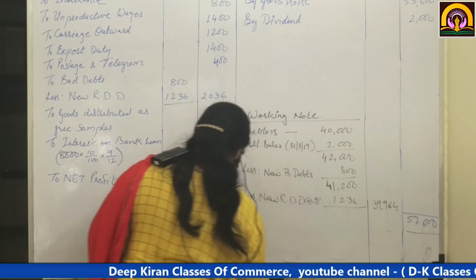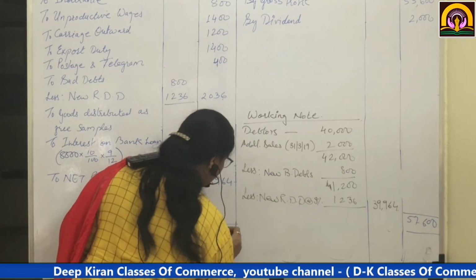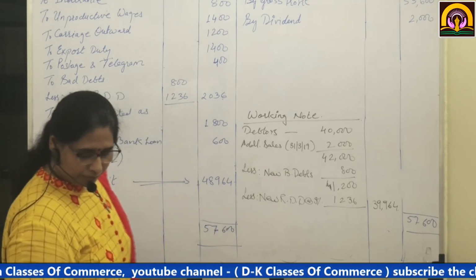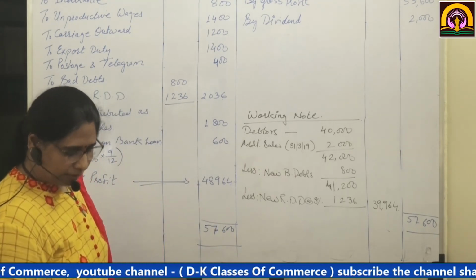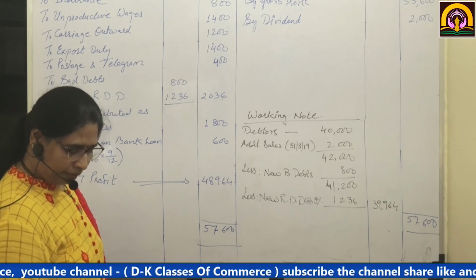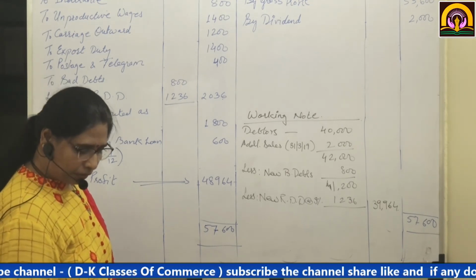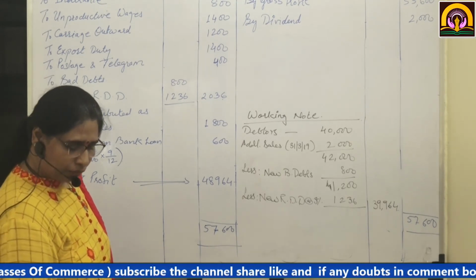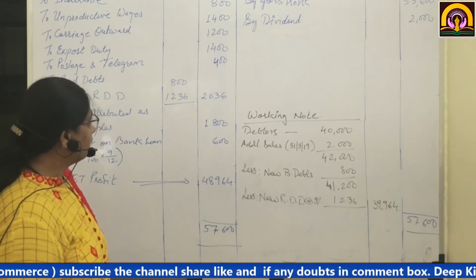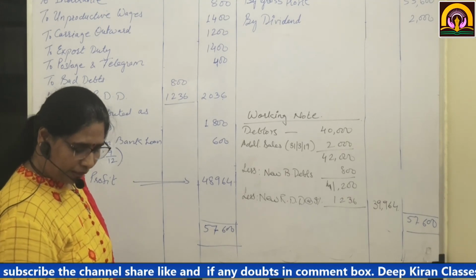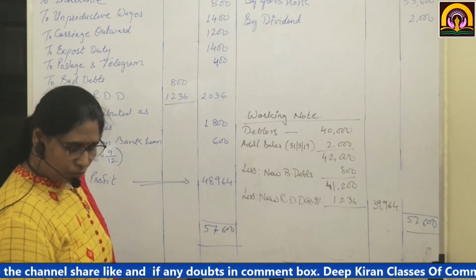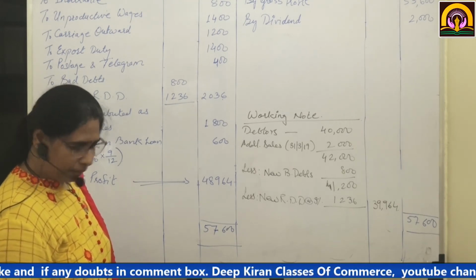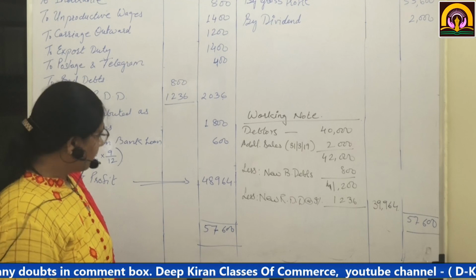You are going to write it over here, 57,600, and then minus the debit side: 57,600 minus 800 minus 1,400 minus 1,200 minus 400 minus 2,036 minus 1,800 and 600.